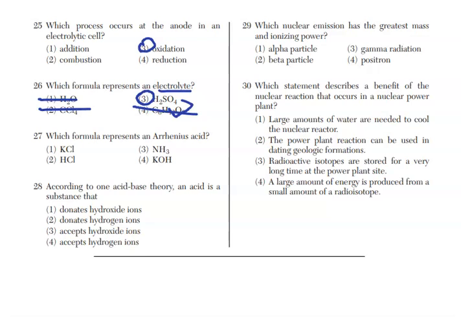For 27, which formula represents an Arrhenius acid? Well, you're working with 2 acid-base theories here in Regents chemistry. In other words, how do I define an acid and how do I define a base? An Arrhenius acid is a substance that when I put it in water, I get hydrogen ions, and an Arrhenius base, when I put it in water, I get hydroxide ions.